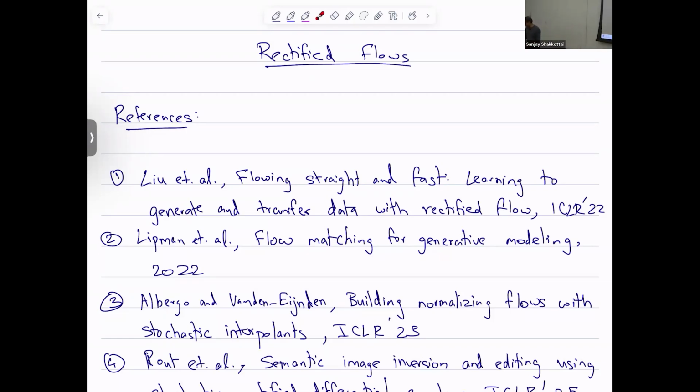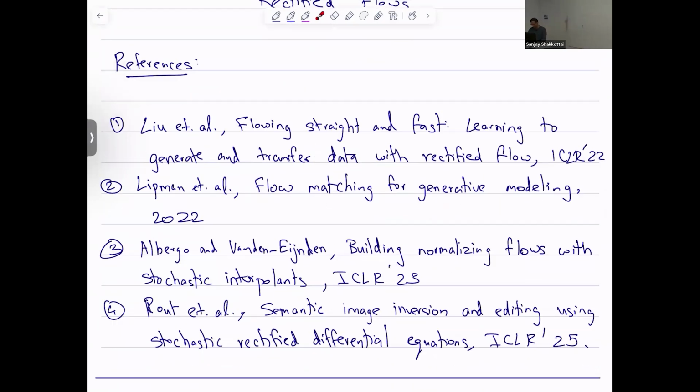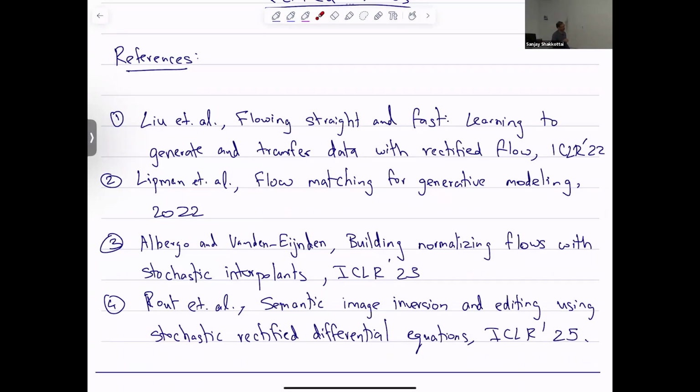I'm going to take a certain narrow view of rectified flows. First I'll tell you what roughly it is, and then I'll tell you the viewpoint I'm going to take. Everything that I'm discussing today is from the following papers.